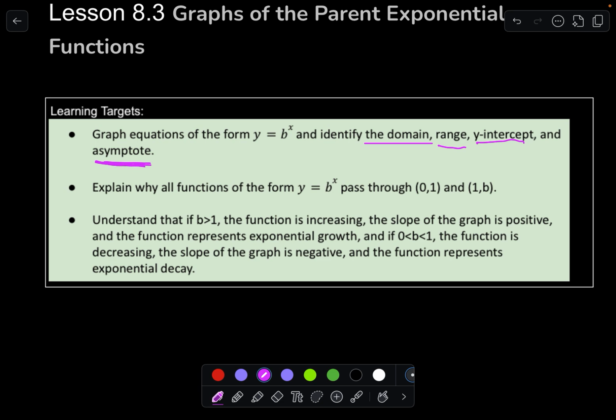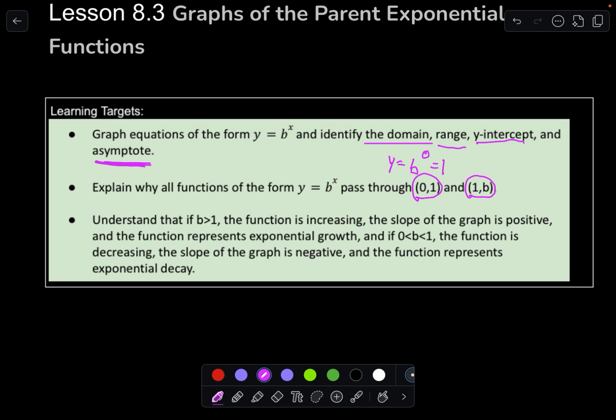We'll explain why all functions of the form y equals b to the power of x pass through the point (0, 1), which is easy to understand, and (1, b). Both of these are easy to understand, because remember, if x is 0, then y would equal b to the 0 power. And any number to the 0 power, except for 0 to the 0, that's a special case, is always equal to 1.